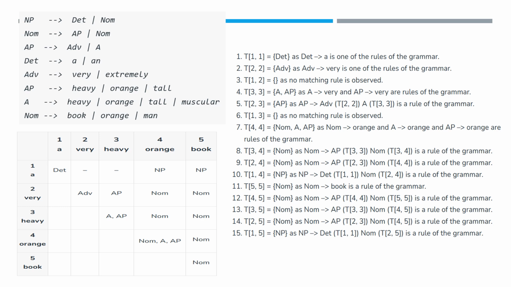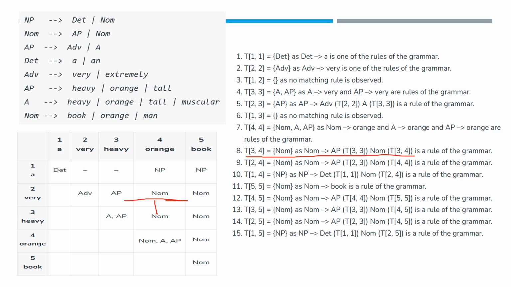If you see T34, it is filled by T33 and T34, combining AP and the nominal.